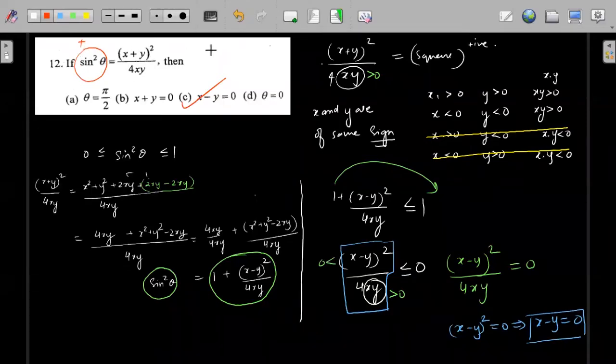Suppose you have x equal to 2 and y equal to -1. Or y you can take as -2 and x equal to 1. Okay, let's take it like this: x equal to 1 and y equal to -2.